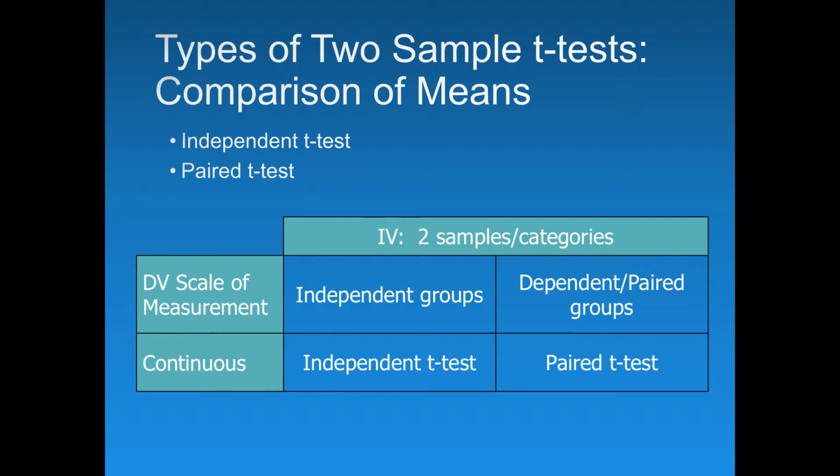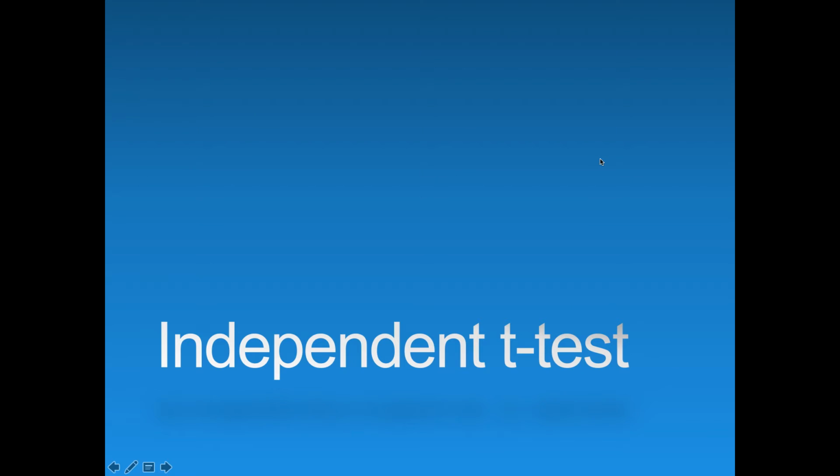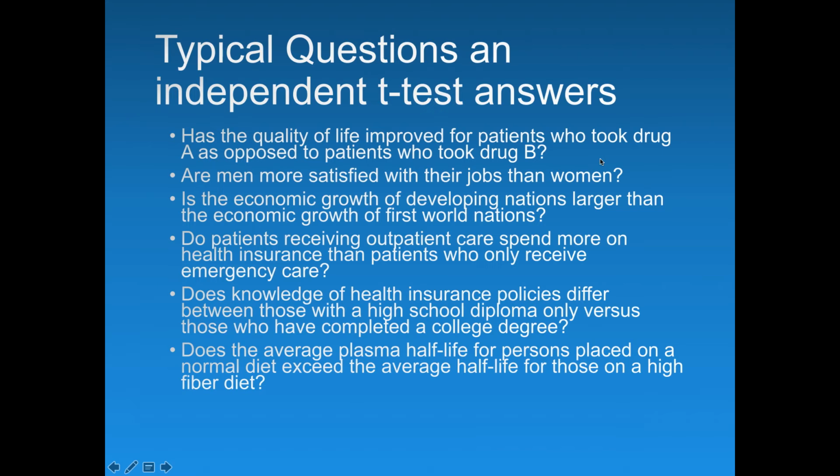Or if you're measuring the comparison between wives and husbands in a group. That one's confusing, so for the most part in this class, we're only going to use pre and post test for a paired t-test. Okay, so the independent t-test, exciting.